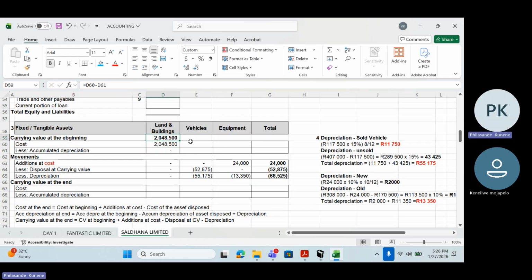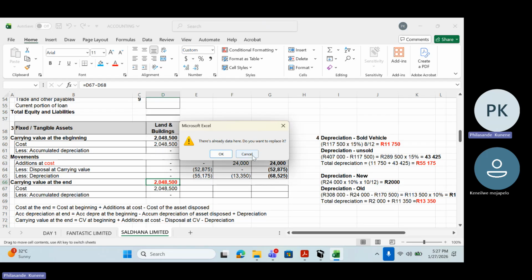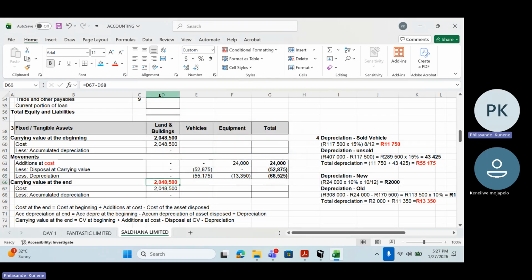I'll still get the same carrying value at the beginning. And then there's nothing here, which means I'm still going to have the same cost at the end: 2,048,500 minus 0 as the accumulated depreciation. And then here I'm going to get this minus 0. I'm still having the 2,048,500.